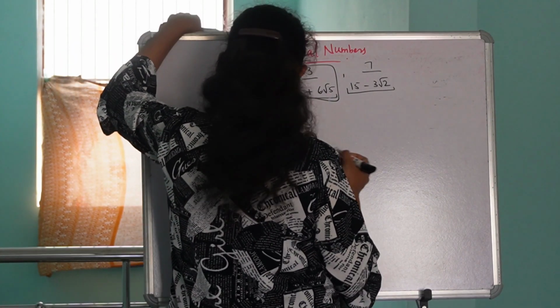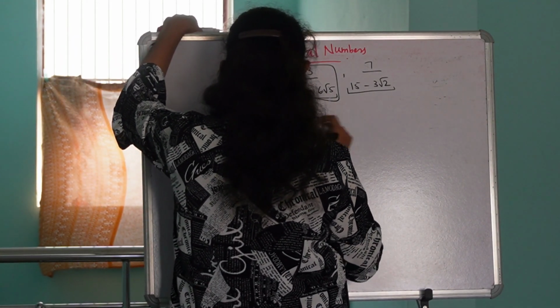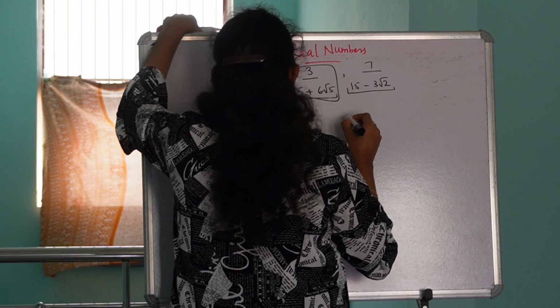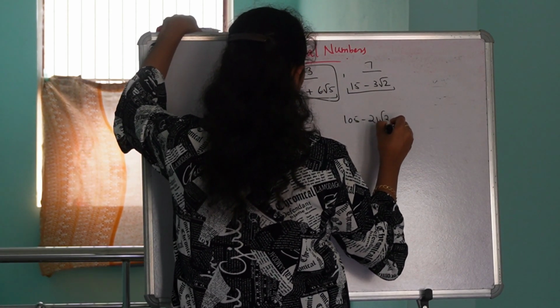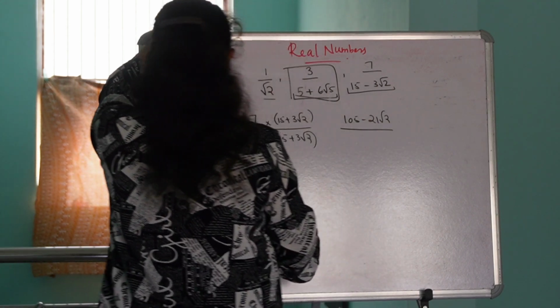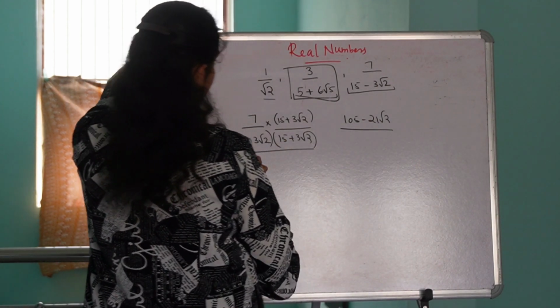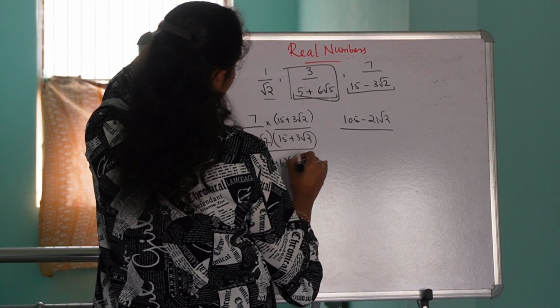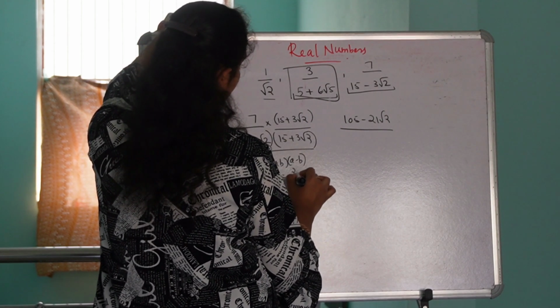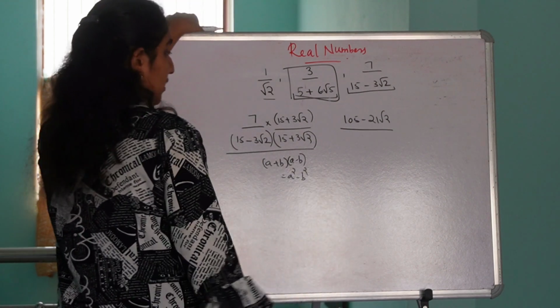Okay. So here let me open this bracket. 7 into 15 means 105. 105 minus 21 root 2 divided by, here the expression is in the form (a plus b) into (a minus b). We know (a plus b) into (a minus b) is equal to a square minus b square.